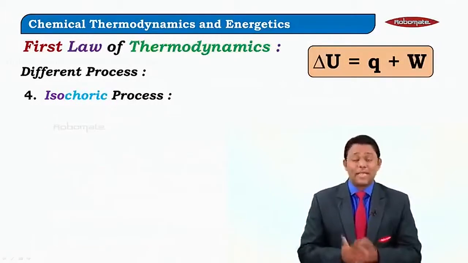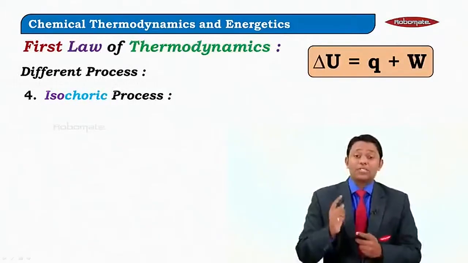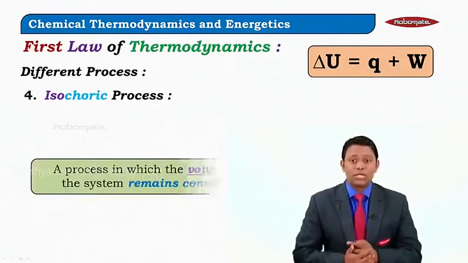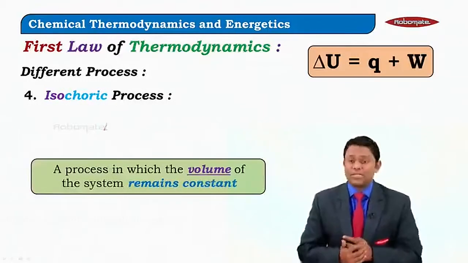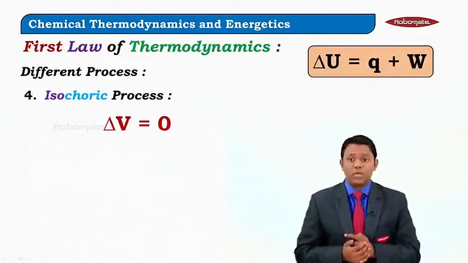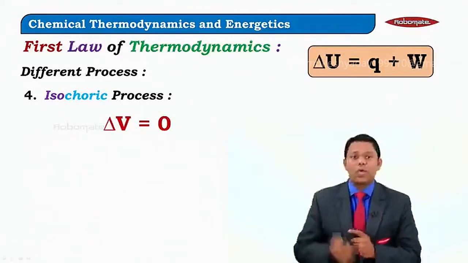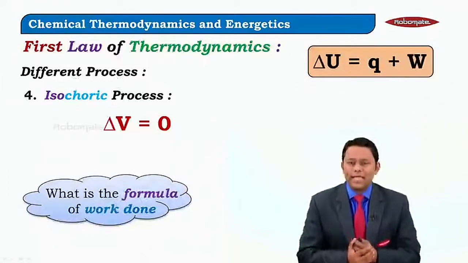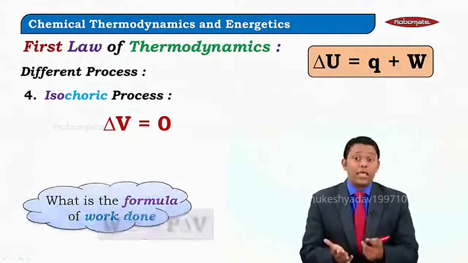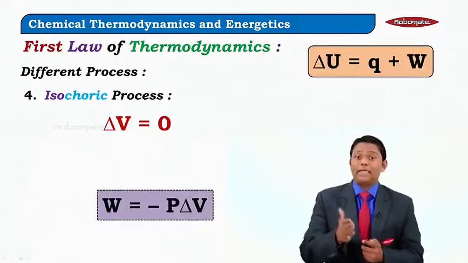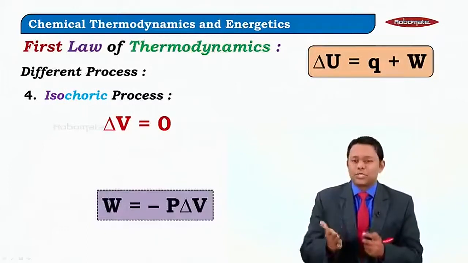The last process, that is isochoric process. In isochoric process, volume remains constant, and if volume remains constant, that means delta V is equal to 0. Directly, once again, we cannot substitute this value in the above equation, so we have to once again take the help of work done, where the formula is W is equal to minus P delta V. Let's substitute that formula.